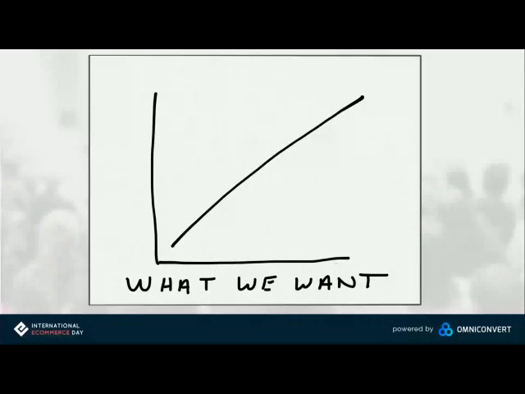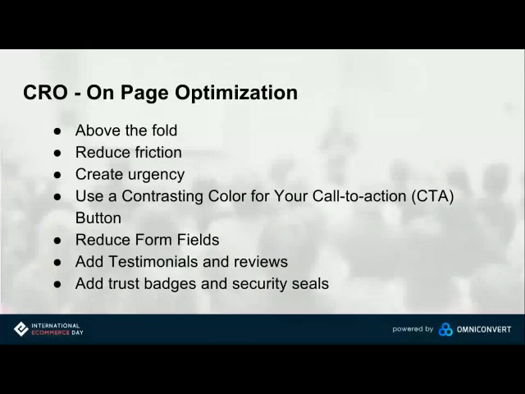And those things, on-page CRO optimization, include stuff like put stuff above the fold, reduce the friction, create urgency, use a contrasting color, all the stuff we've heard before. Reduce form fields, add testimonials. All that stuff is great, and all that stuff is really just the basics, but we've got to move really deeper if we really want to move the needle.